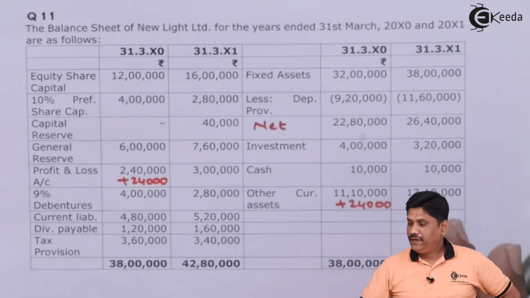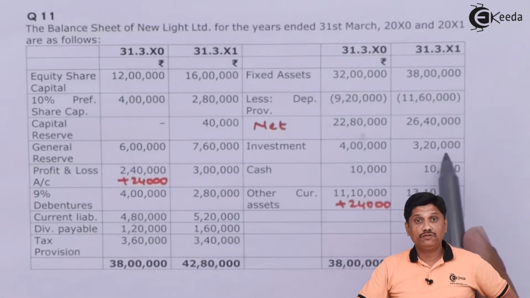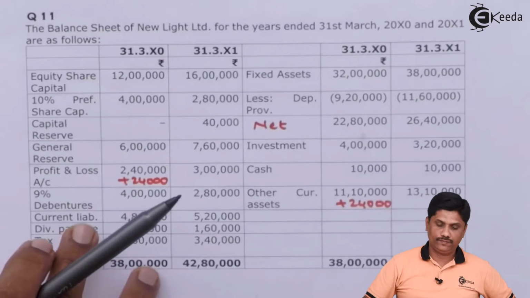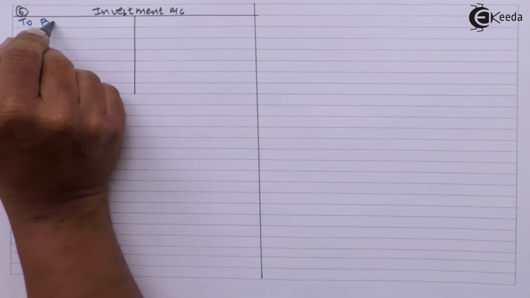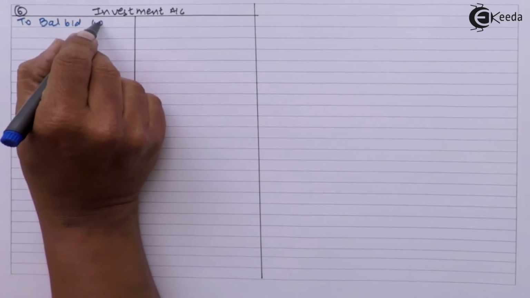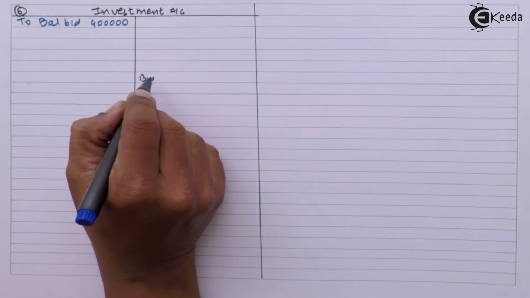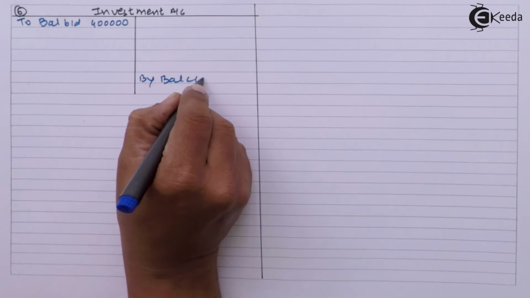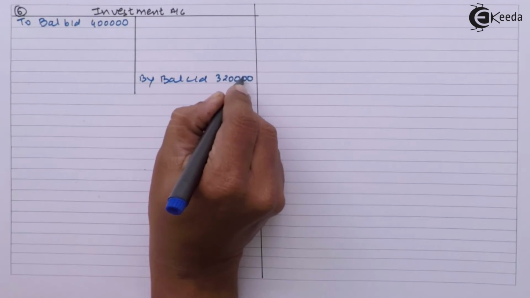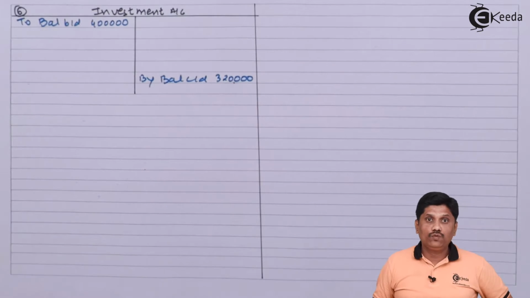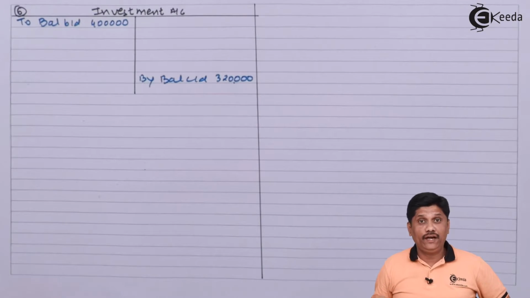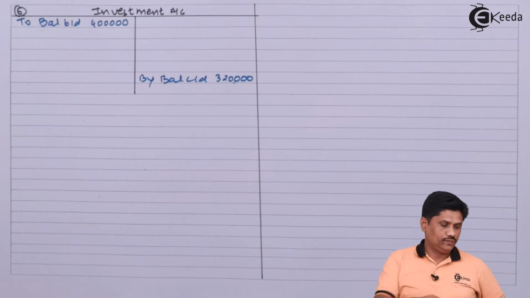Opening balance of investment 4 lakhs, closing balance of investment 3,20,000. Next, what they have given you, they made a profit and it is transferred to capital reserve.